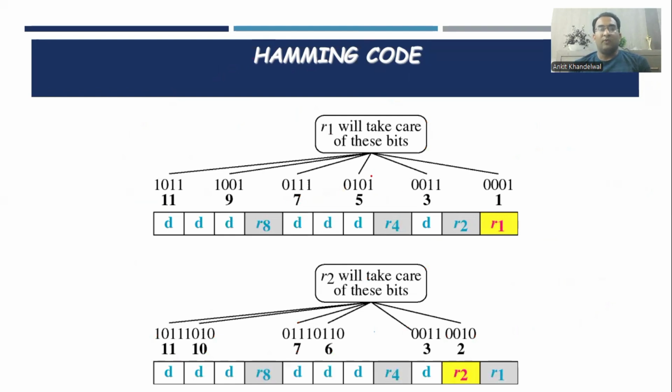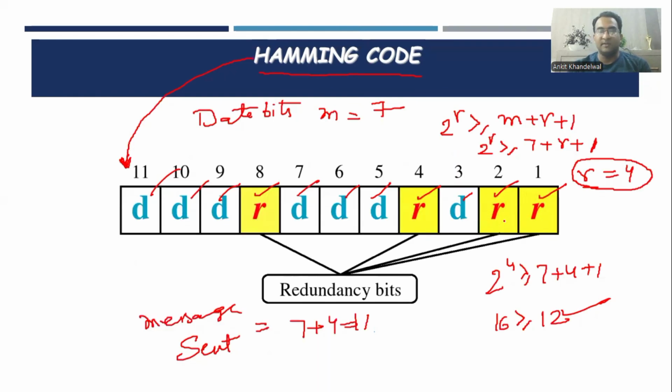Now, where do we add these particular bits? Let us see this with an example. Here we have R1, R2, R3, and R4 in this example.